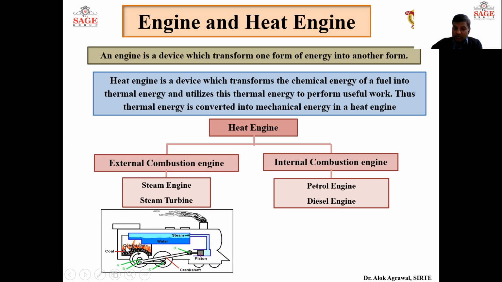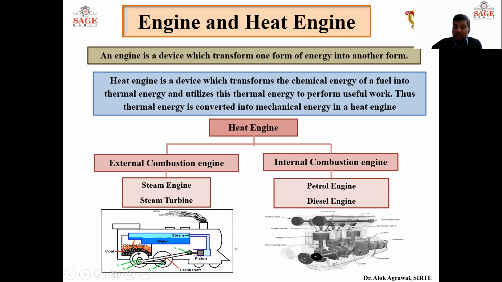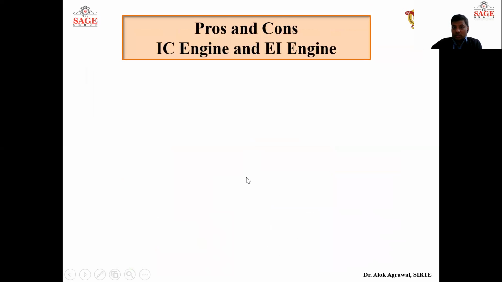So here the combustion of fuel takes place outside this reciprocating combination of piston and cylinder, so it is called an external combustion engine. But in our automobile, what is happening? The burning of fuel, the combustion of fuel, takes place inside this part only. Here the space is there, the burning takes place here only, so we call it an internal combustion engine. So these are the two types of heat engine that are available. In this course, we will deal with the internal combustion engine only.